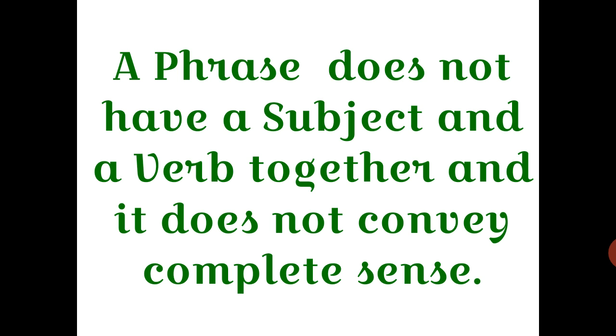So here the phrase does not have a subject and a verb together. That means it is not necessary to have the verb and subject together in a phrase, and it does not convey complete sense. Sometimes it may convey meaning or sometimes it does not, so that is called phrase.